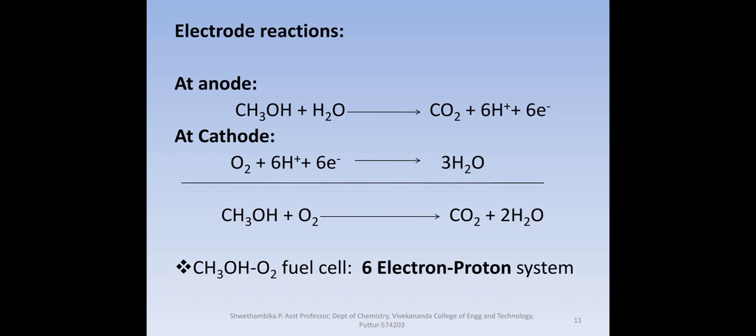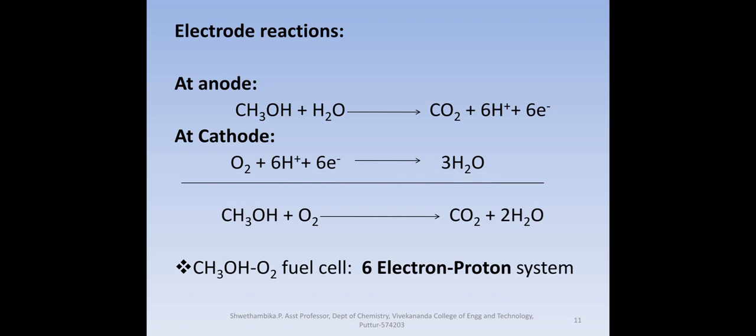And these electrons liberated at the anode would migrate towards the cathode. We supply oxygen at cathode, which consumes the proton and electron and gets changed to water molecules.